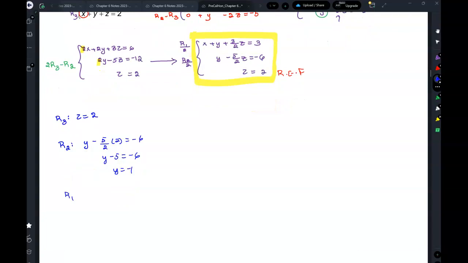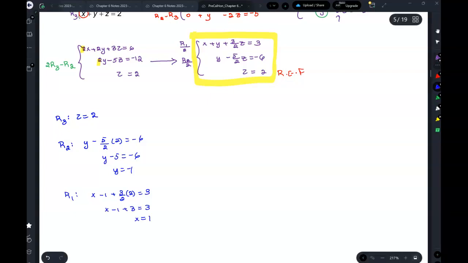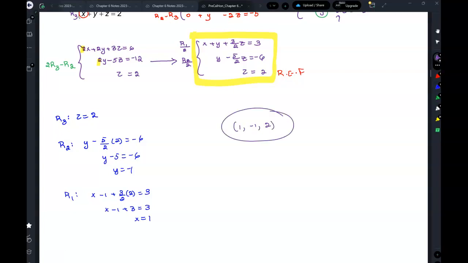And then from row 1, x minus 1 plus 3 over 2 times 2 equals 3. So x minus 1 plus 3 equals 3. x equals 1. So the answer then is 1, negative 1, 2. That's how you need to give the answer.